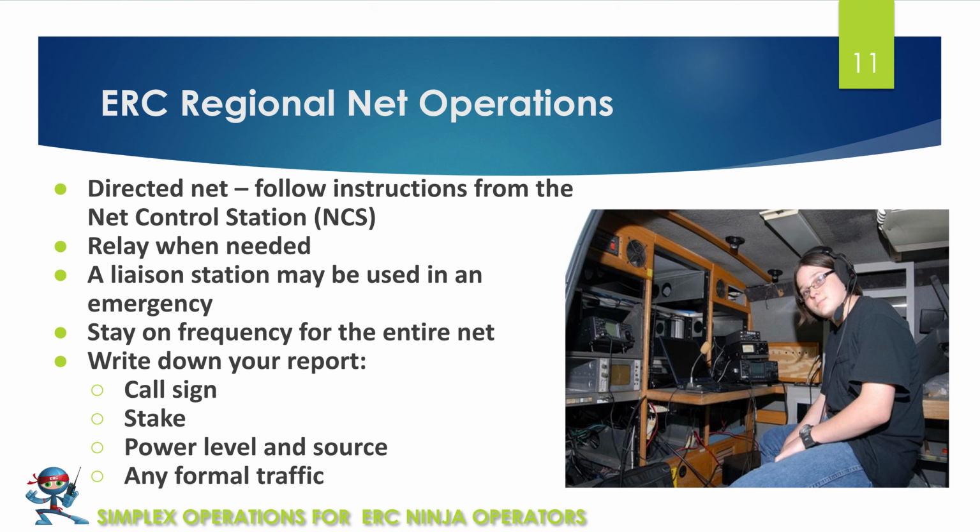A liaison station is a type of relay station and may perform a number of functions depending on the needs. Those can include acting as an answering service or garbage filter for the main net control station. That would mean they monitor what's happening on a different frequency than the net control and report back critical information.